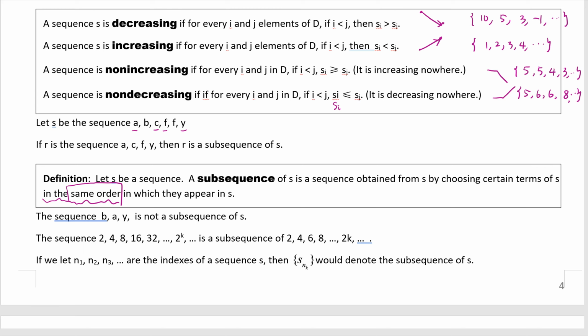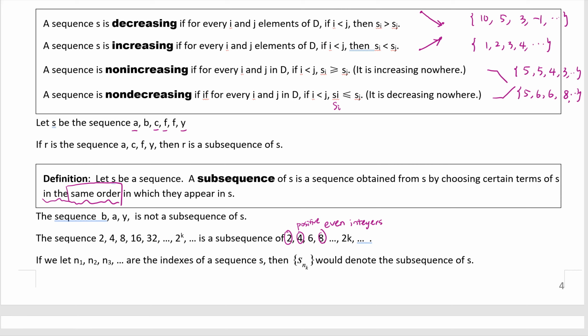Next example: the sequence 2, 4, 8, 16, 2 to the k is a subsequence of the positive even integers. Here are the even integers, and our subsequence 2, 4, 8, 16 appears somewhere in there.